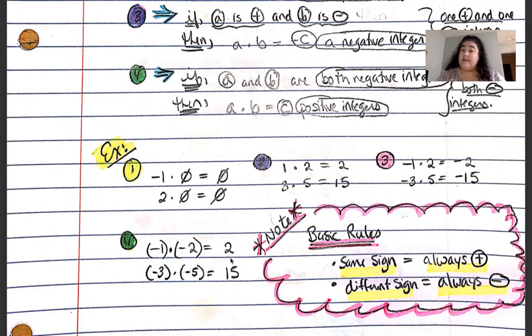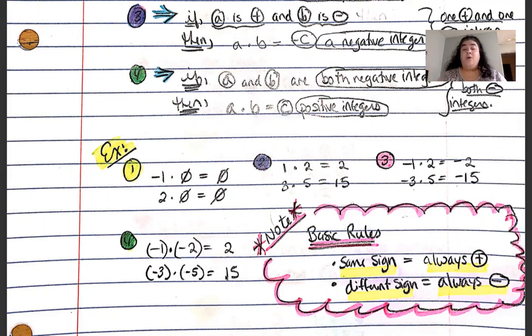But the rule that is applying here, because we're dealing with integers, is that because one is negative and so is the other, then their answer is positive. You can see it again at work with -3 times -5. We would expect that 3 times 5 is 15, but the rule says that if they're both negative integers, as we see here with a -3 and a -5, then the answer or the product will be positive.